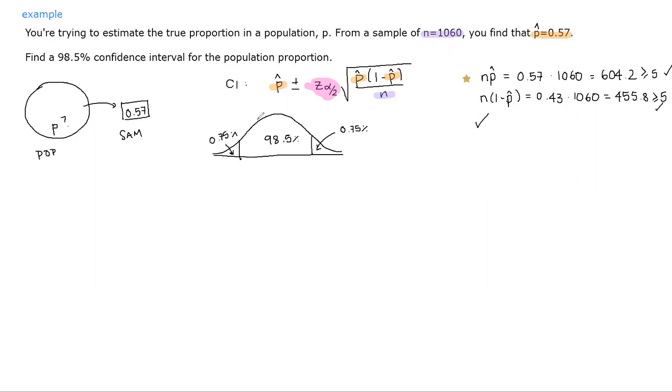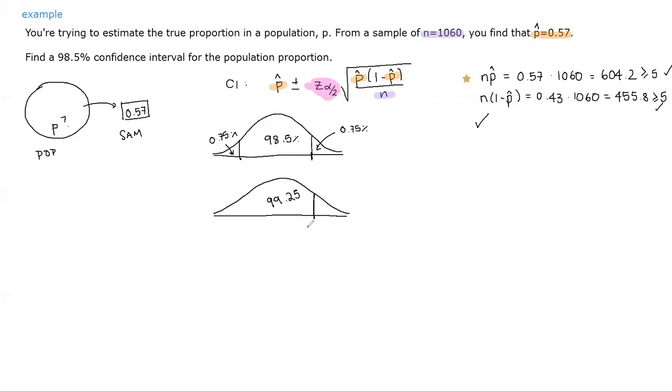And if that's the case, then I'm going to have to look for the value over here that corresponds to this in my Z table. So I'm going to go back to my table and look for the value that corresponds to this number over here. This is going to be 98.5 plus 0.75, which is equal to 99.25.